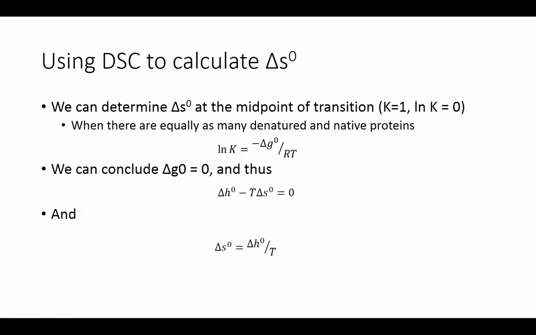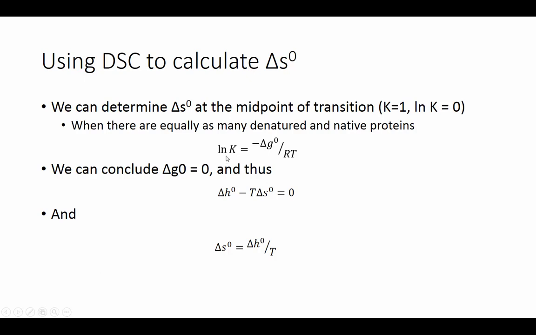We can also use the DSC to calculate the change in entropy, so we can determine delta S at the midpoint of the transition, where the equilibrium constant K would equal 1, the logarithm of K would equal 0, when there are equally as many denatured and native proteins.